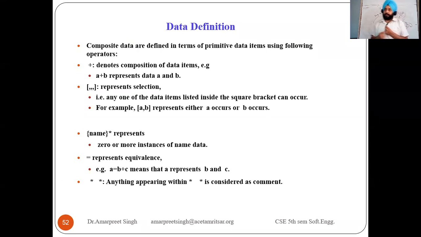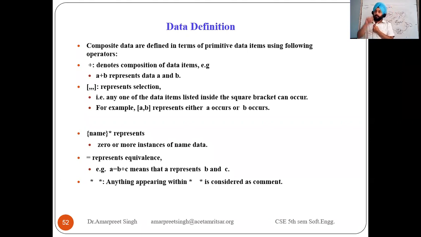Next, the data definition. Composite data are defined in terms of primitive data items using the following operators. Different operators are used: the plus symbol denotes composition, the square brackets with a bar denote selection, the curly braces denote zero or more instances of the data, the equal sign represents equivalence, and an asterisk represents anything appearing within asterisks. A double asterisk is considered a comment.